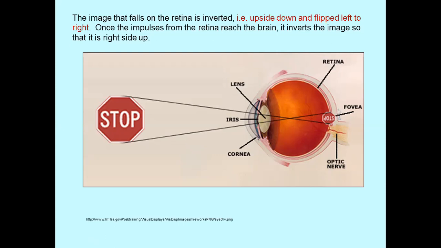And for the first little while, the brain does what it always does. It takes that perfect image and it flips it in both directions, upside down, back to front, and whatever. And so for a while, that individual will actually be perceiving everything upside down, even although the actual object they were looking at is not upside down.